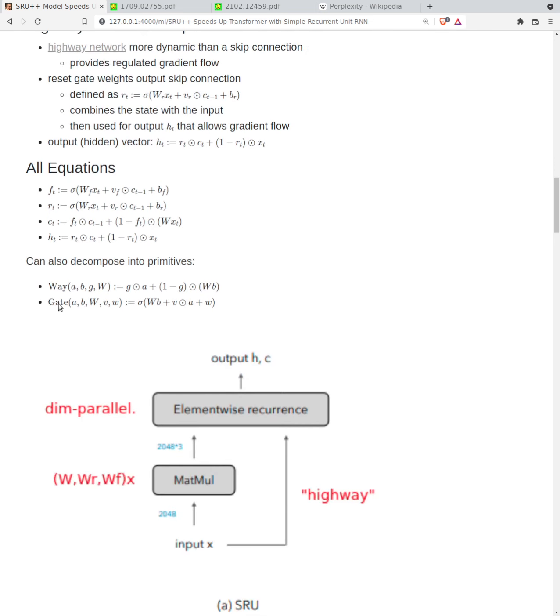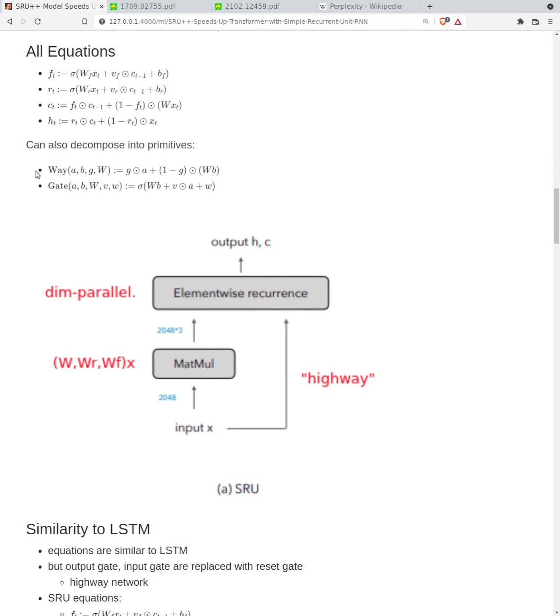So this is the highway component. All equations are written here. They are comprised of the two components of this highway and the gate. The gate always calculates how much I will be mixing, and the highway does the mixing.